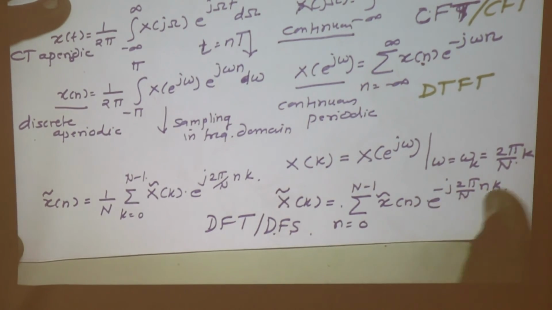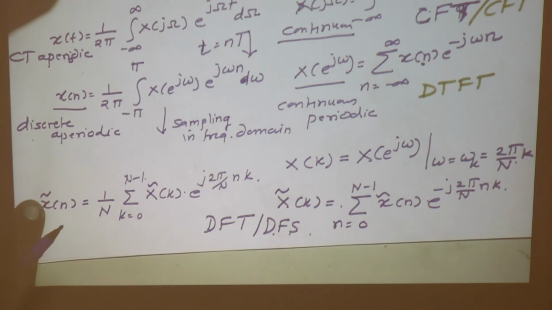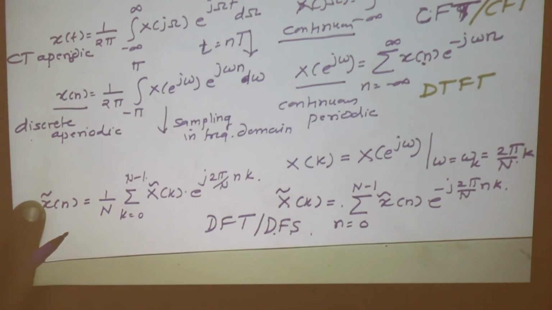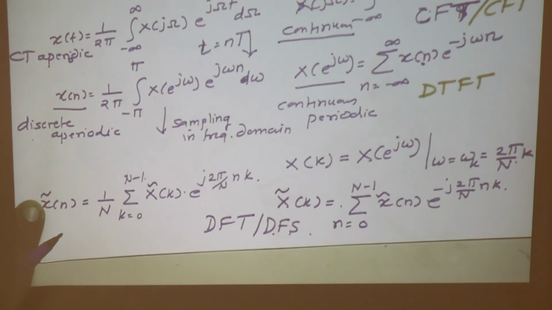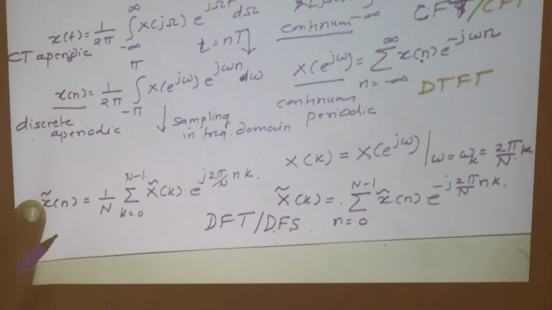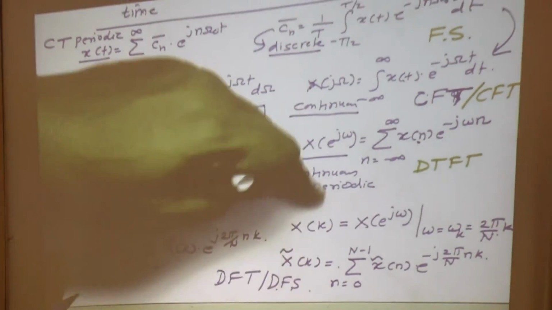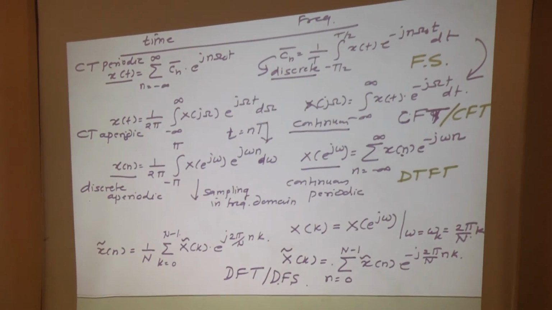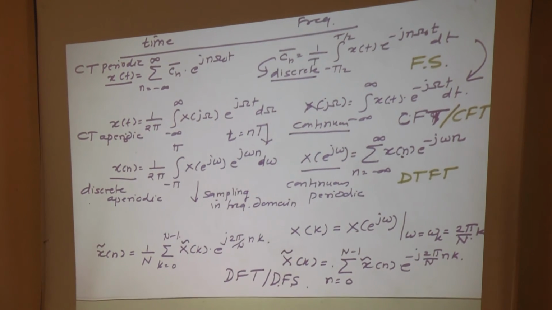So this is, in perspective, all the Fourier transforms representing deterministic signals, satisfying obviously the Dirichlet conditions. For the first two equations you are required to satisfy all the Dirichlet conditions. For the second two equations you have to satisfy only the absolute summability criterion.